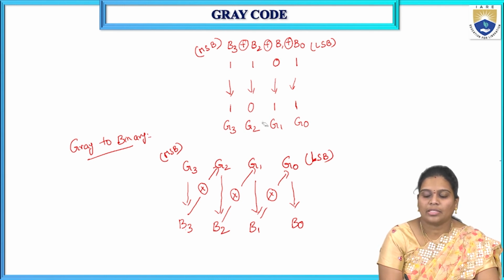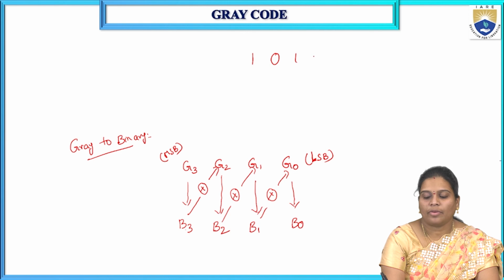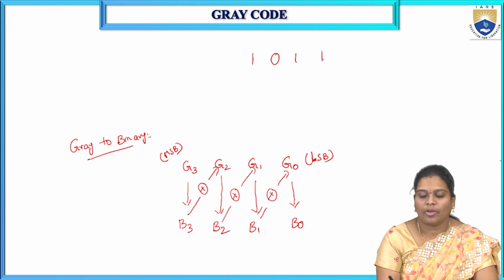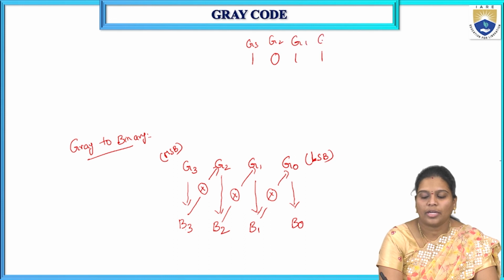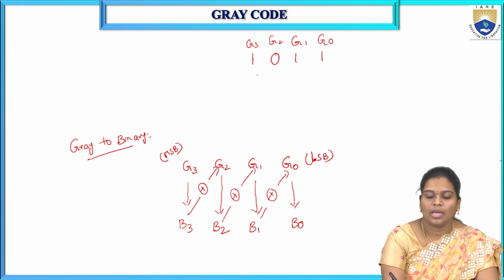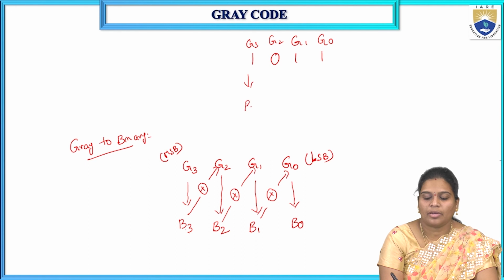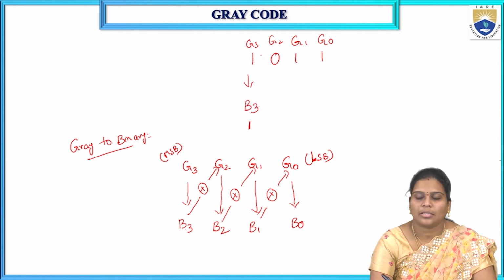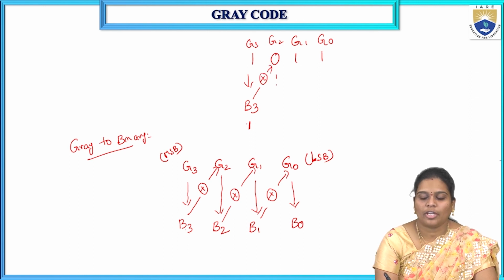So we'll see one example. 1011. So G3, G2, G1 and G0. As it is, we write the B3 value, 1. Next, apply the XOR gate for B3 and G2. 1 XOR 0. When different inputs are there, the output is 1.